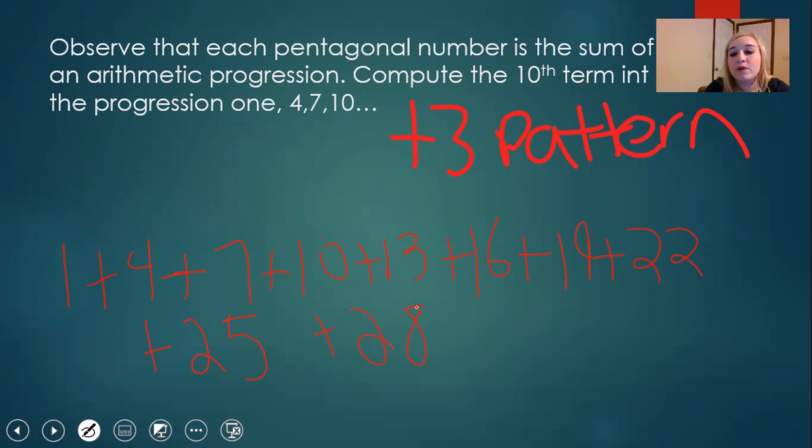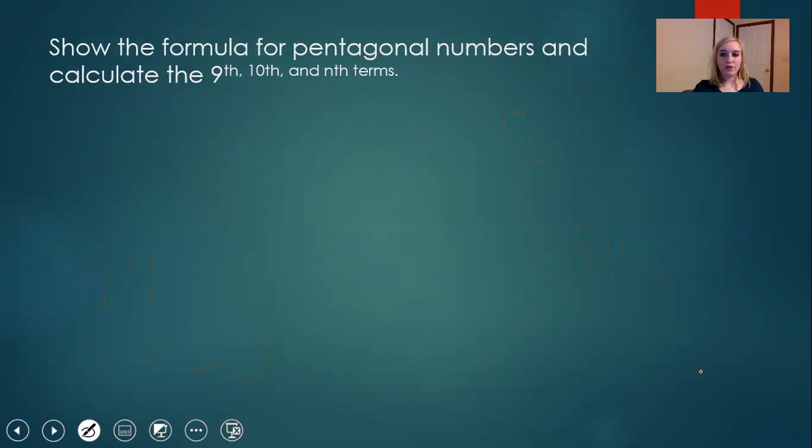So we've added 3 this many times. So we're going to go 1, 2, 3, 4, 5, 6, 7, 8, 9, 10. And that is our 10th term. So see, all we got to do is keep adding 3. That is the key here.